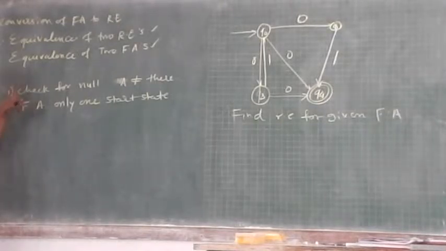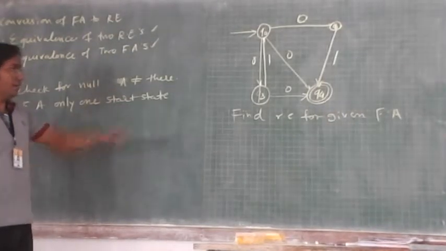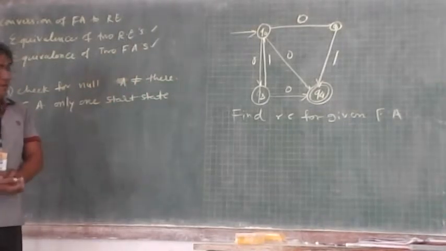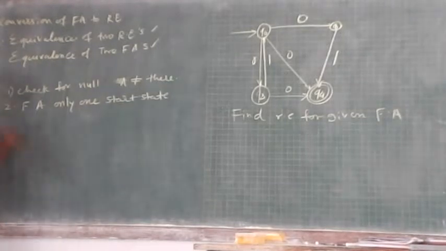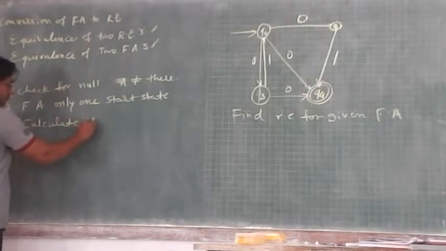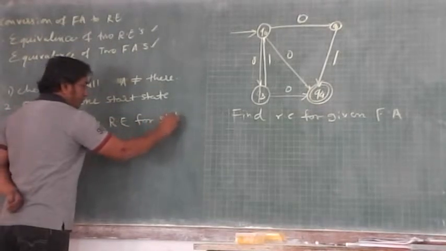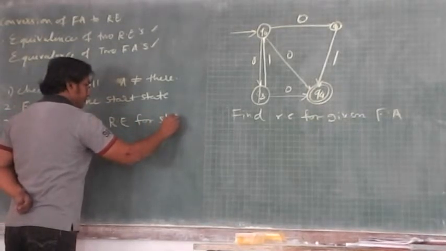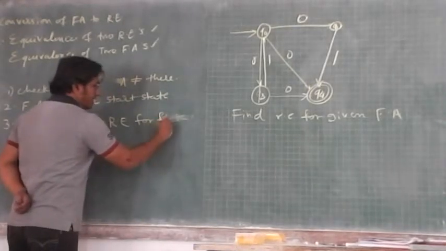It clearly means that you should have only one initial state, while the finite automata may have one or more than one final states. So finally, you need to calculate the regular expression for the final state.